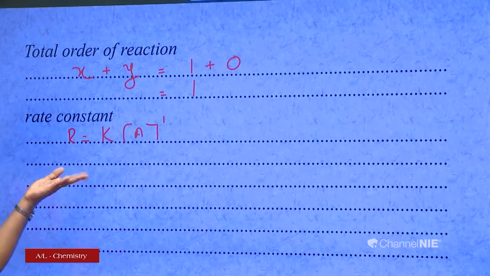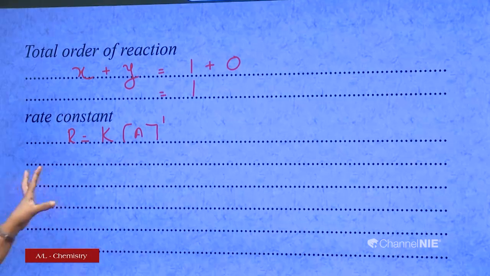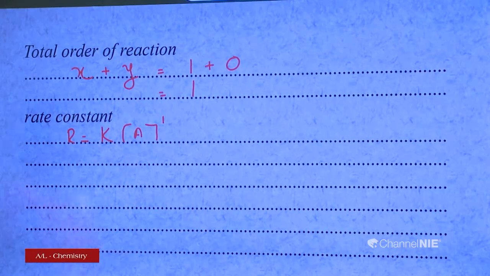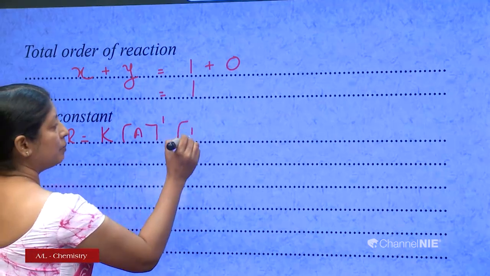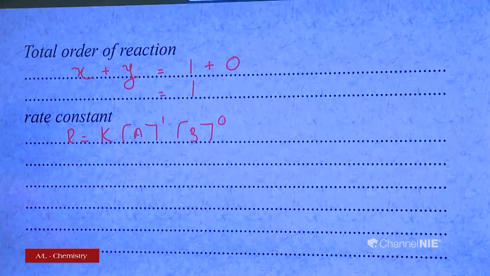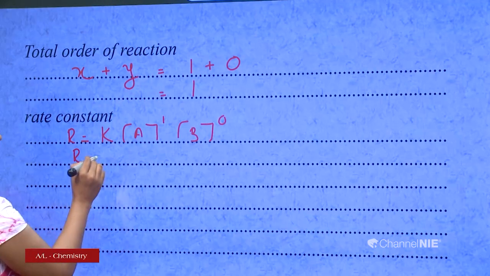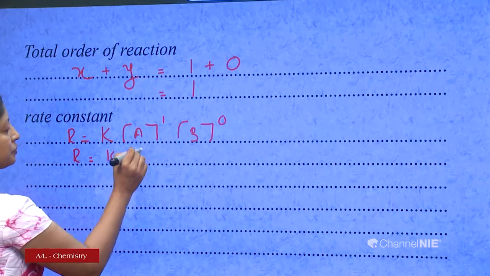Of course, when it is 1, no need to write it as the superscript, you can just write concentration of A, and order with respect to B became 0, that we had calculated as 0. So, then we can rearrange this rate expression.